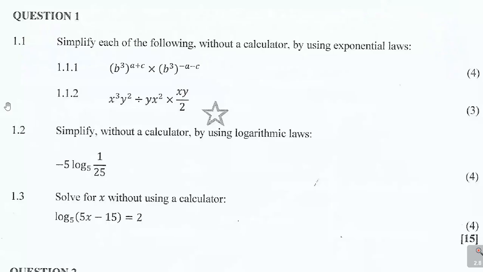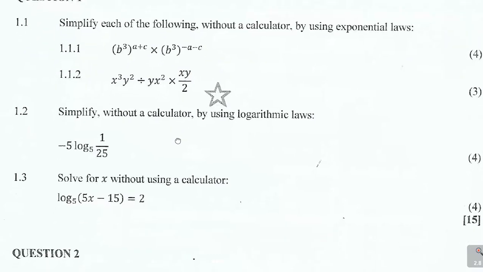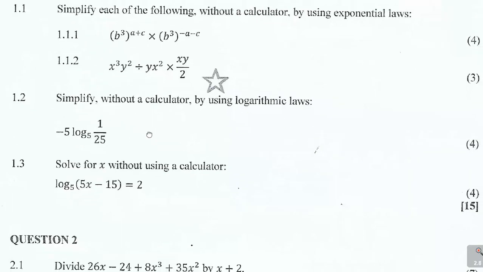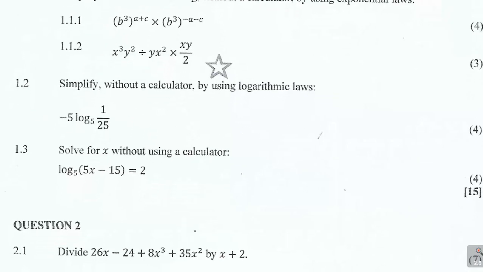This one says 1.2. You are supposed to simplify without a calculator by using logarithmic laws, and also it's 4 marks. You can see that this is 4 marks there. It says minus 5 log 5 1 over 25.